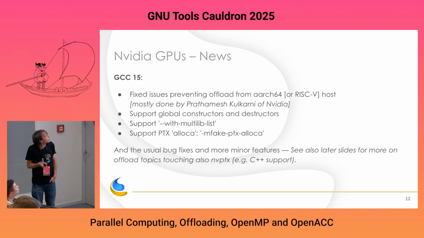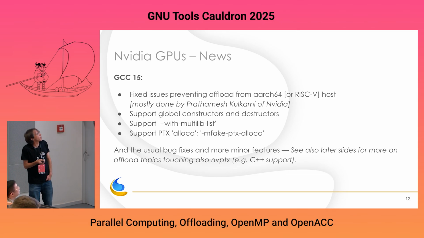But a couple of things happened. One important change in GCC 15, I'm not sure exactly whether it was mentioned last year at this time or a bit later, was getting some issues with offloading to systems which are slightly different in vectorizer. The AArch64 RISC-V is also affected.